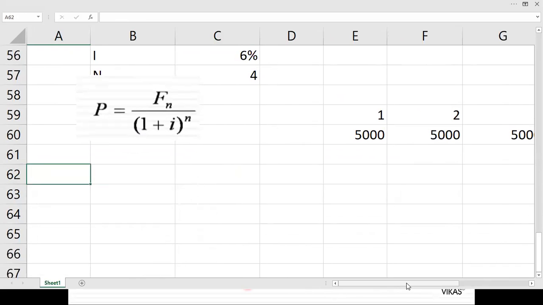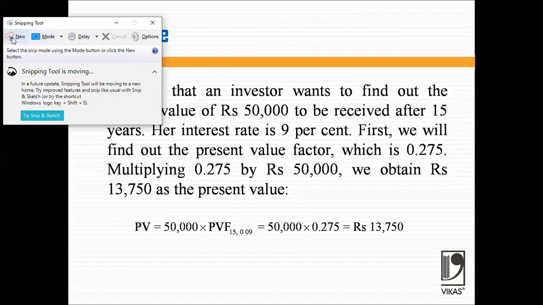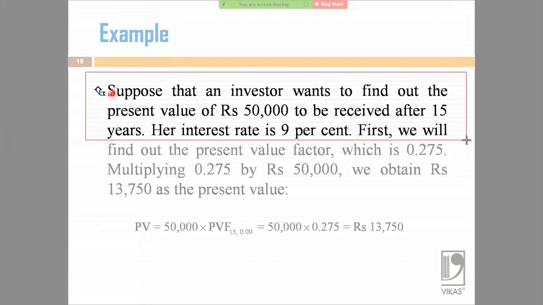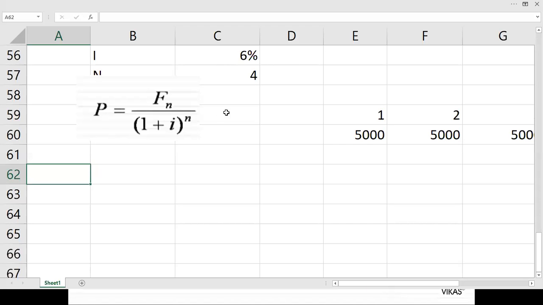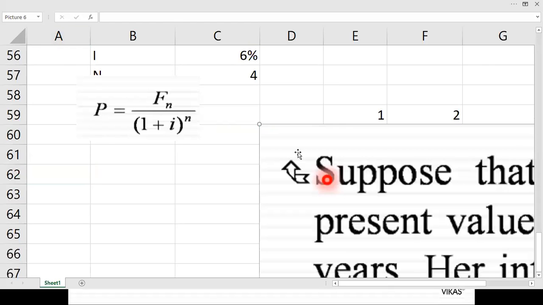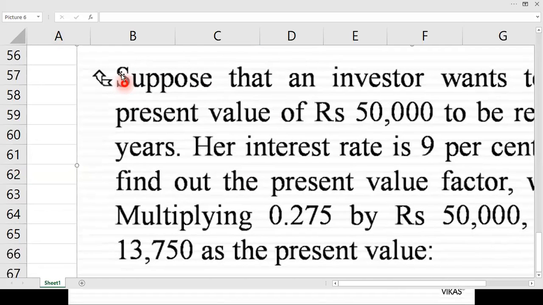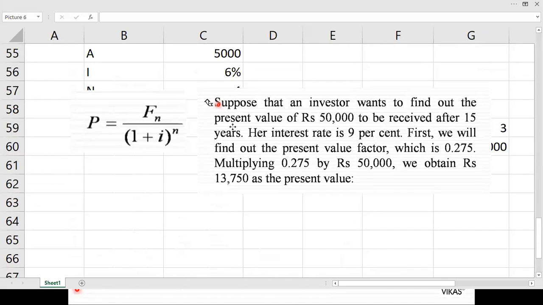This is the formula, and this is the question.